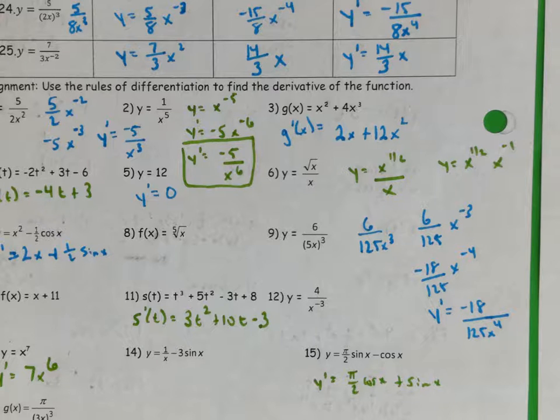Bring it down here. 1/5 x. And 1/5 minus 1. You're smart enough, you can do this now.